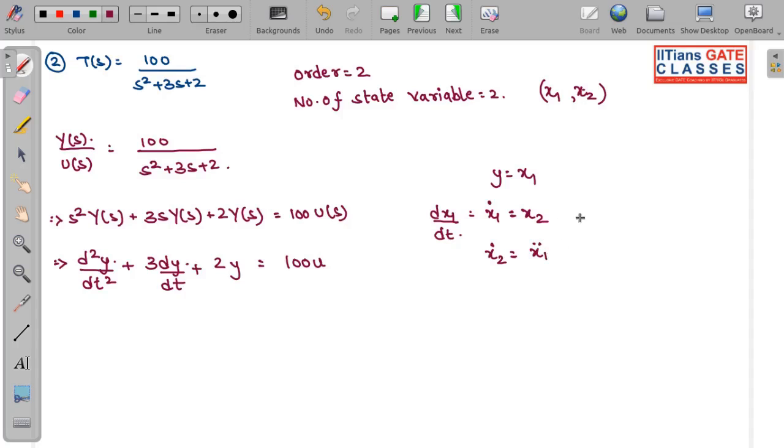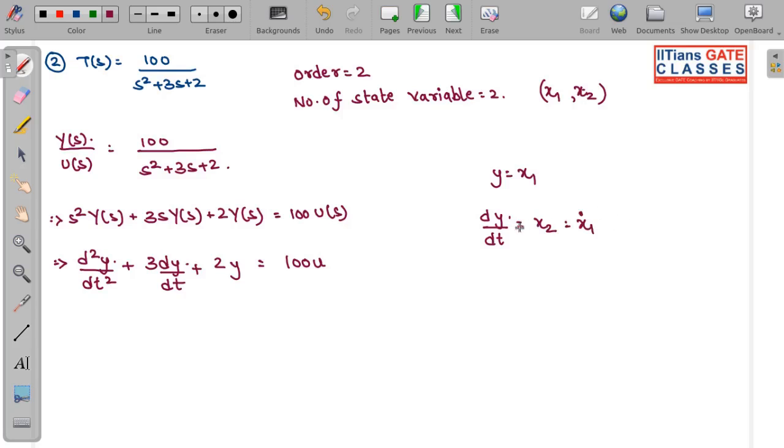Sorry, I have made one mistake over here. y is equal to x1, so I should have written it simply. If y is equal to x1, that means if I have to write dy by dt, I am going to write it as x2, which is equal to x1 dot. So this I should have written.